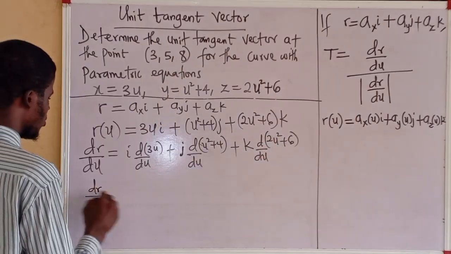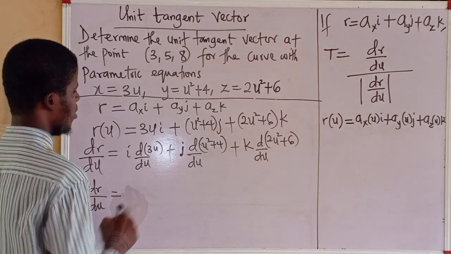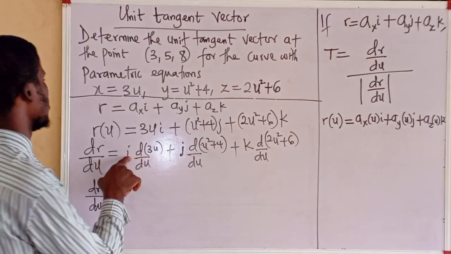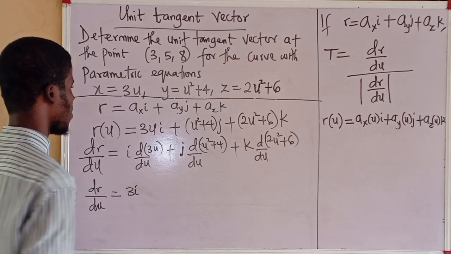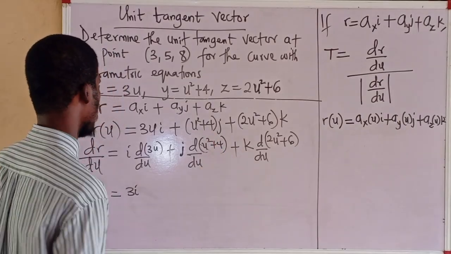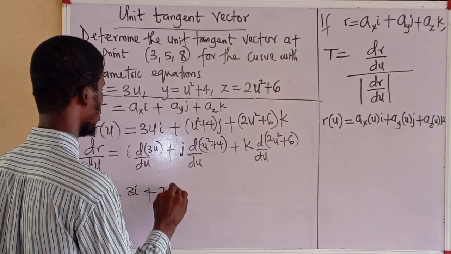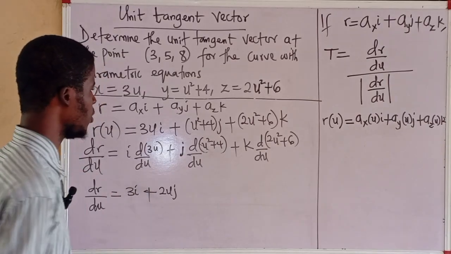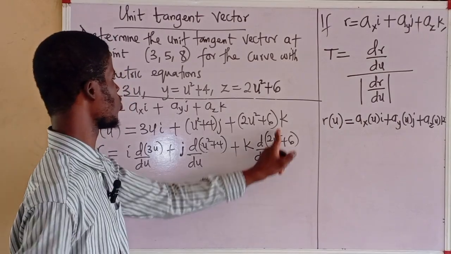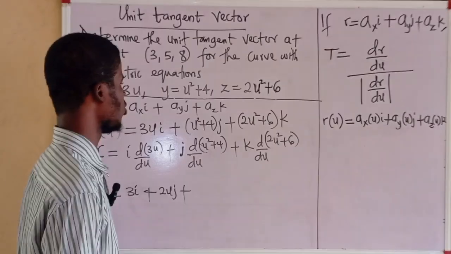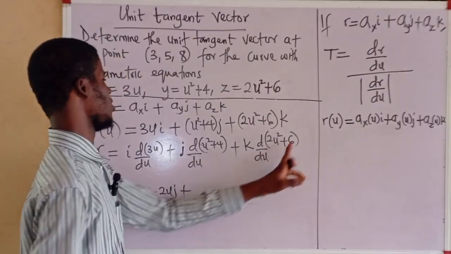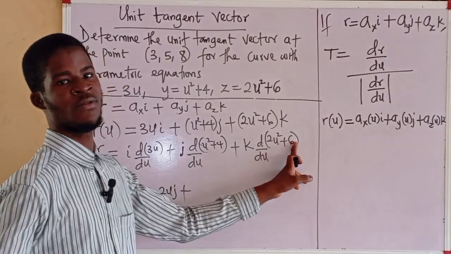So dr/du is equal to, differentiate 3u with respect to u, that's 3, times i, 3i. Differentiate u squared plus 4 with respect to u, that will be 2u, times j, that's 2uj. Differentiate 2u squared plus 6 with respect to u, that will be 4u. 6 is a constant, so the derivative is 0.